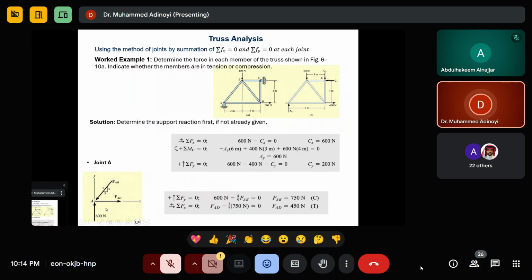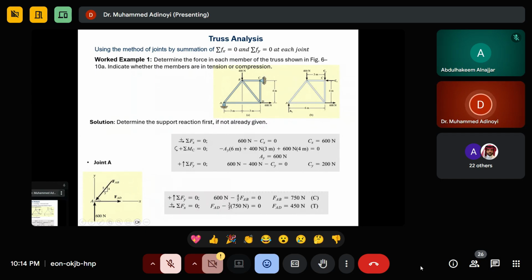If I have only two forces on a body and both are pointing in the same direction, they cannot be in equilibrium. So this is the logic you have to apply here. Since this one is going up, any force that is going to make it be in equilibrium should be coming down.